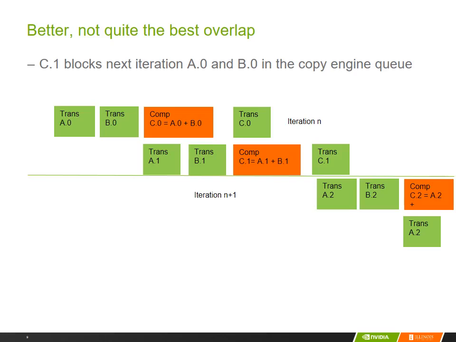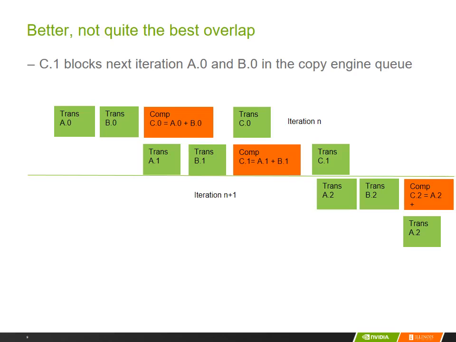So this achieves the overlap that we wanted in the original design. Unfortunately, we don't have a complete ideal overlap for the next iteration. When we go to the next iteration of the for loop, we wanted to transfer A2 and B2 while the calculation of C1 is underway.